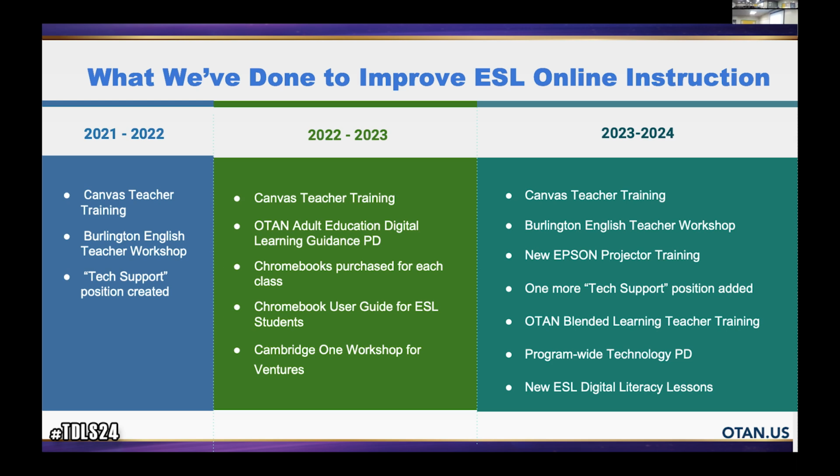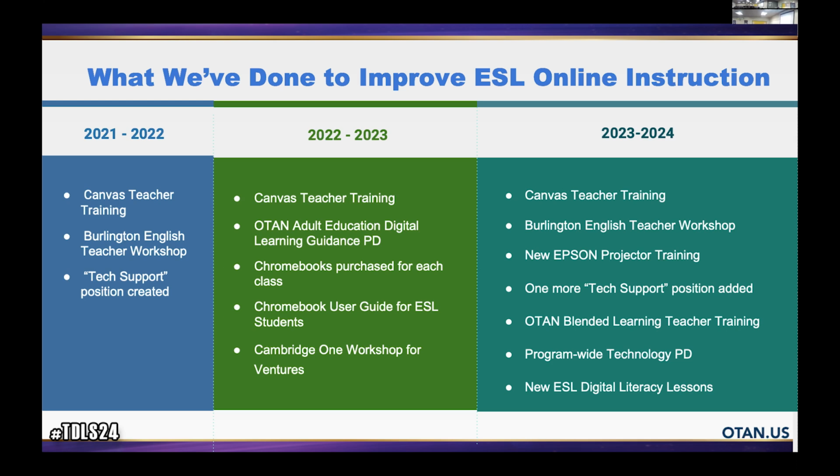One of the big trainings this year is we invited an O10 trainer over to have a blended learning training for our teachers, because we are planning to have hybrid classes. Just like most adult schools, I think most of the ESL students prefer to learn in person and they are afraid of computers. So this year, we're planning to have hybrid classes, which is in person plus online.